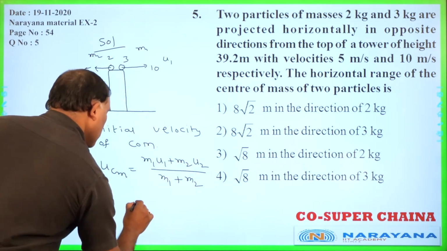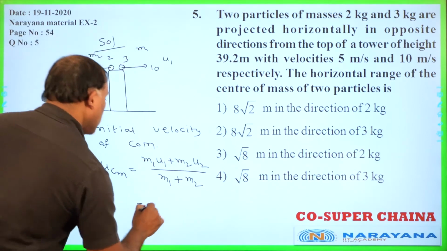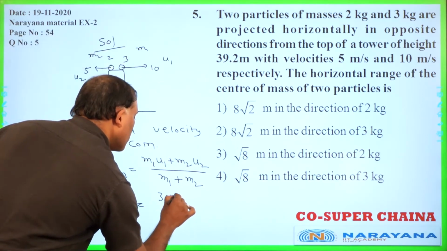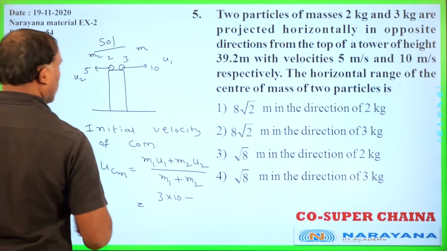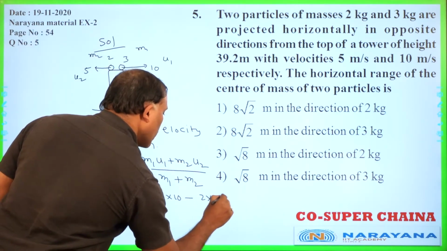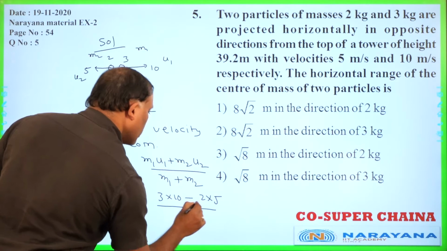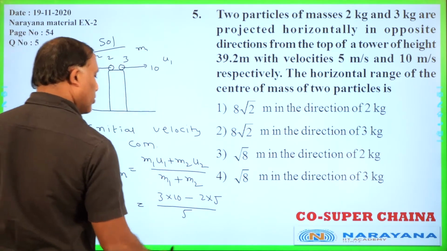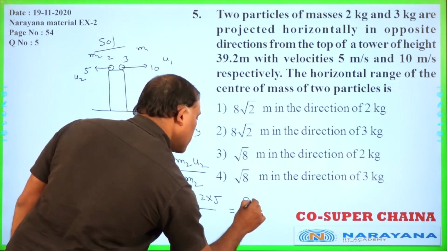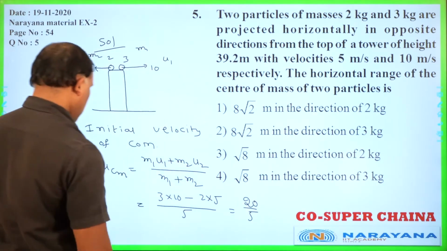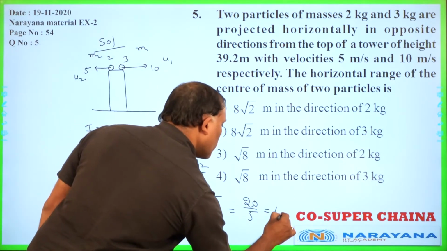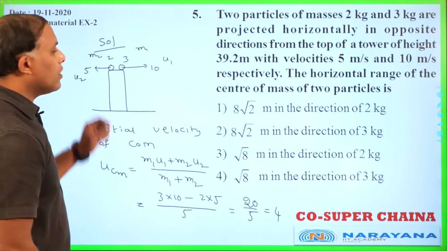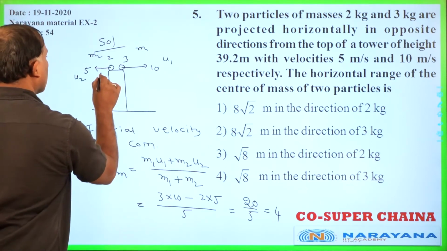So that is 3 into 10 minus, because of opposite direction, 2 into 5, by 3 plus 2. 30 minus 10 is 20, by 5. What is the speed? 4 meters per second. That is the initial velocity of center of mass.